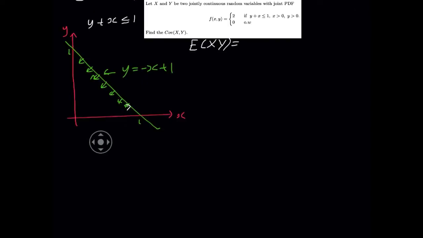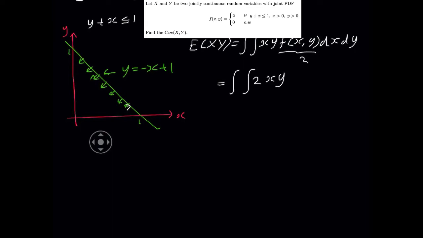So the expected value of XY equals the double integral of xy times the joint PDF, dx dy. Let me explain how to pick the limits. f_XY in our case is 2, therefore 2 times xy. In this case I will use dy first and then dx. It doesn't matter, but I prefer dy. Why? Because we know y goes from 0 to this.